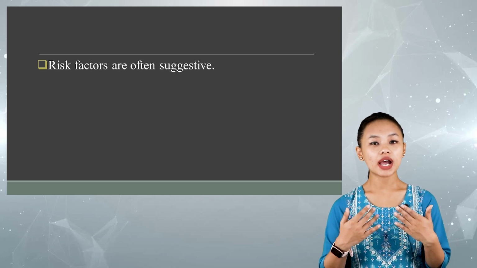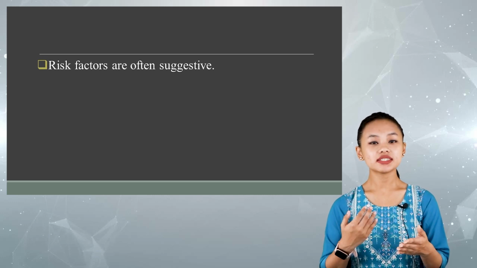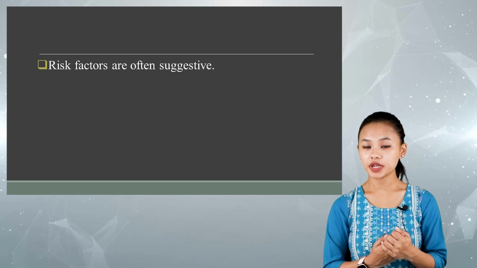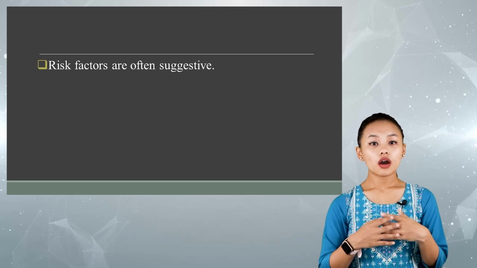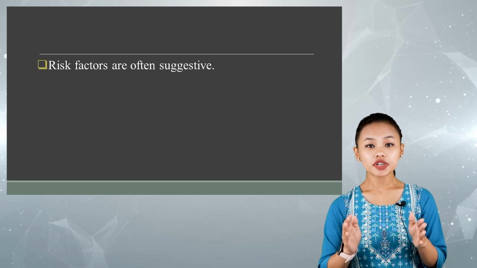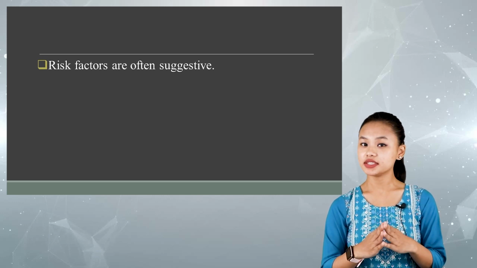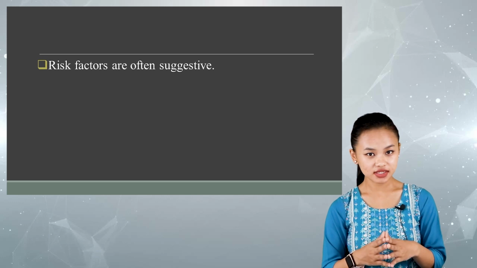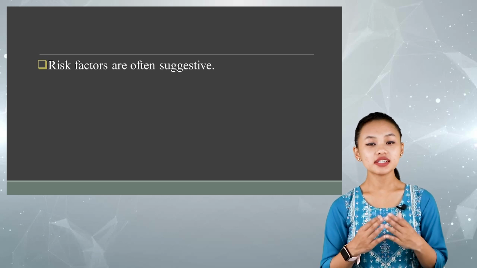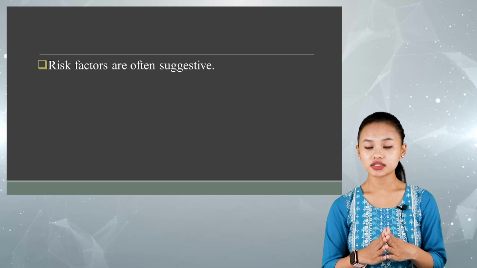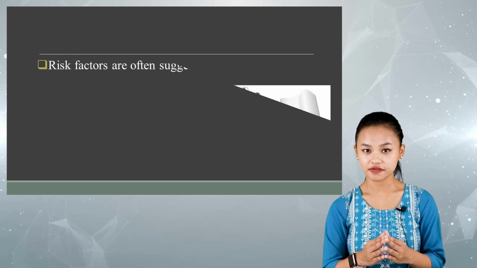A person who has the habit of smoking is at high risk of developing this cancer. However, even if a person does not have this habit of smoking, he can still develop this cancer. So that's why it is said that risk factors are often suggestive.